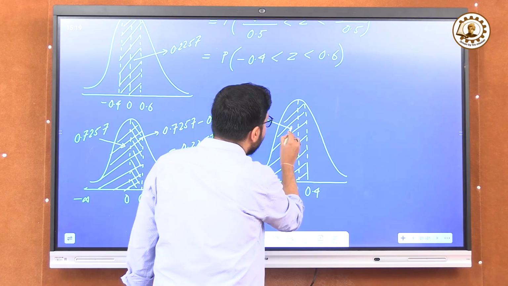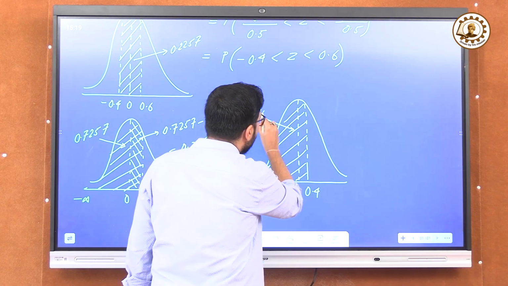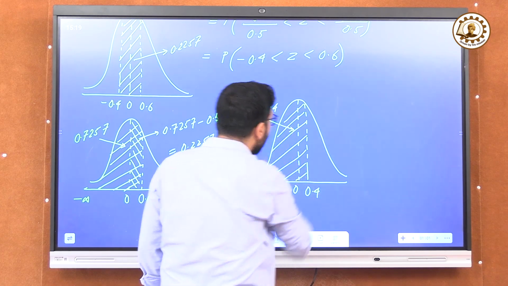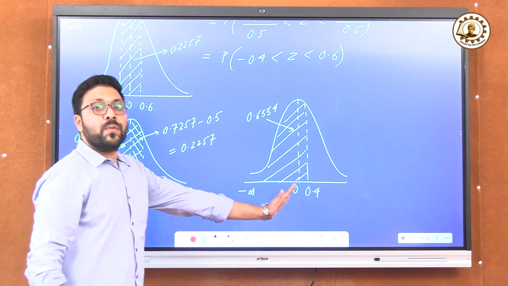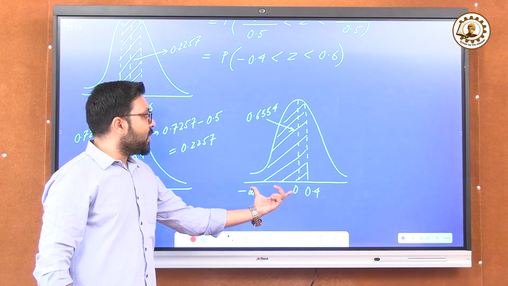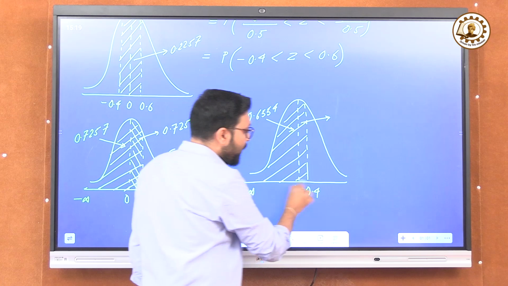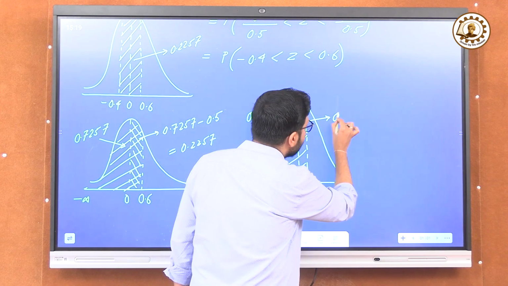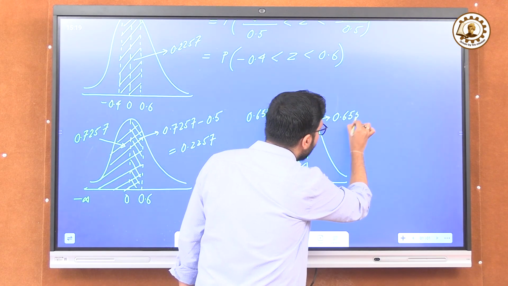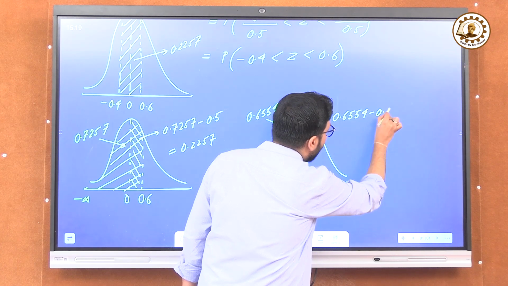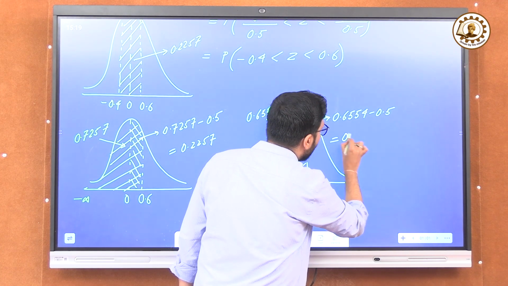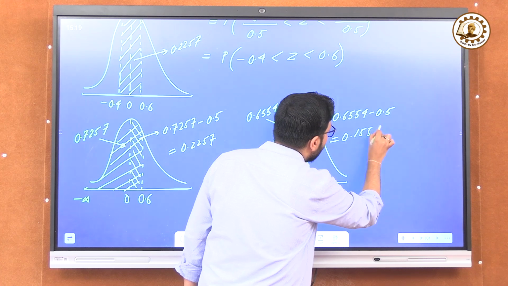So this entire area is 0.6554. As I already have told you, on the left side of 0, the total area is 0.5. So on the right side of 0 this time, this area in between 0 and 0.4 is 0.6554 minus 0.5, which is 0.1554.